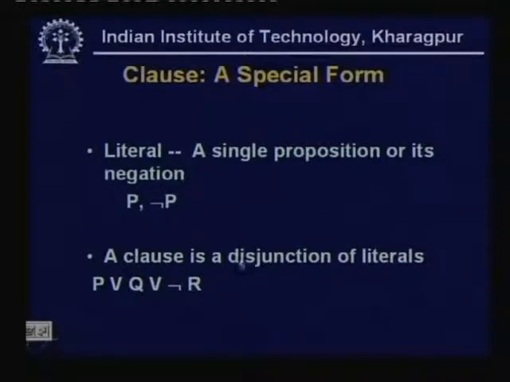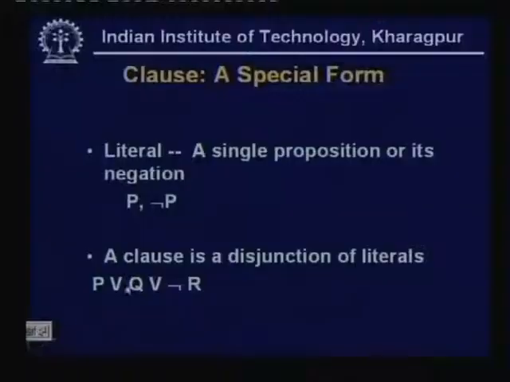A clause is a disjunction of all these literals. Now, what does disjunction mean? Disjunction means connection through or, not and. When we connect with and, we call it conjunction, but disjunction means that all these literals are connected with or.